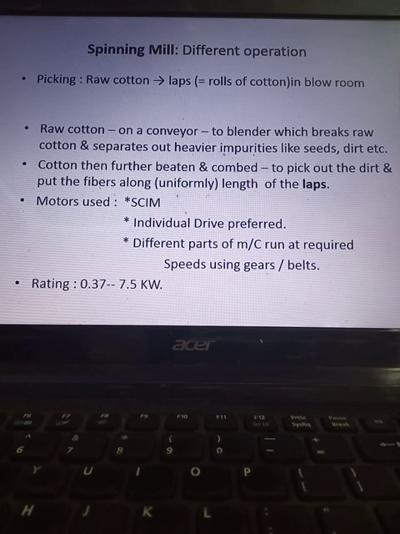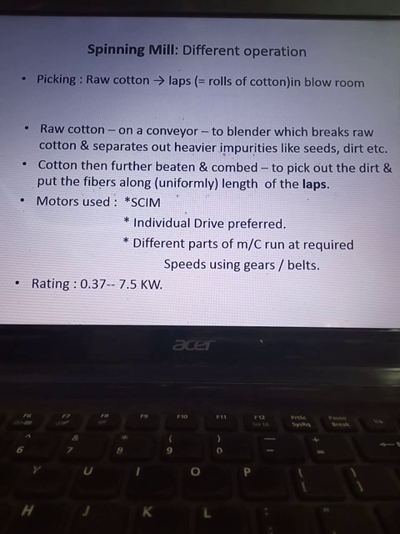Interesting. That is the drive employed here, mainly because the environment is the textile environment, wherein there will be a lot of textile particles all around. These textile particles are dry and they can catch fire very easily.